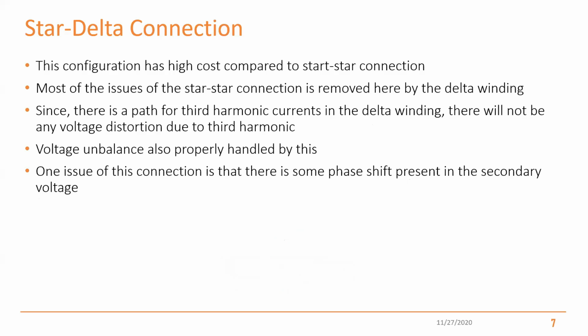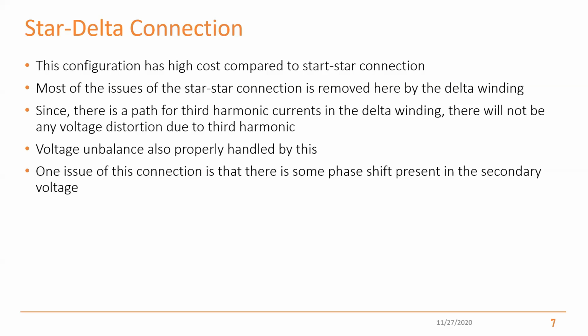Therefore you need high quality insulation materials to avoid breakdown, damage or short circuit conditions. High quality insulation materials are costly, hence it is not as economical as the star connection.